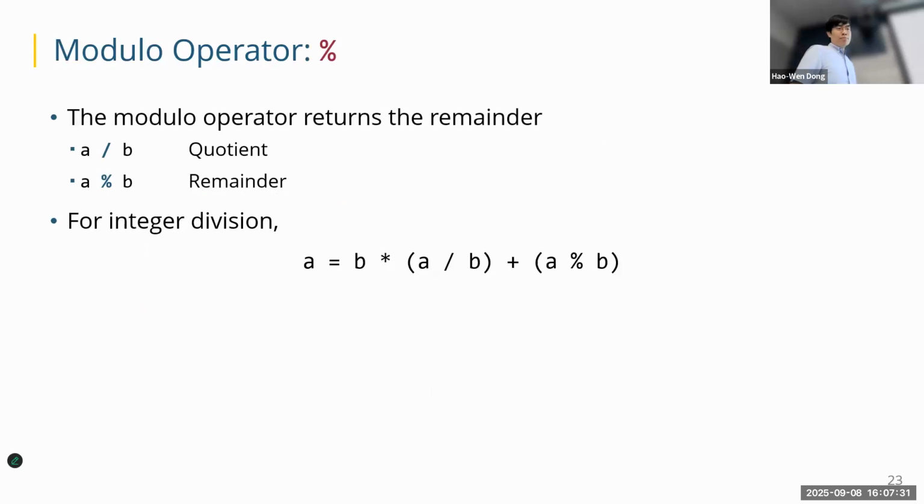Cool. So one thing slightly relevant to for loop is this modulo. Is that how I pronounce it? Mod, there are so many different ways of pronouncing it. Anyway, that's basically how you get the remainder.